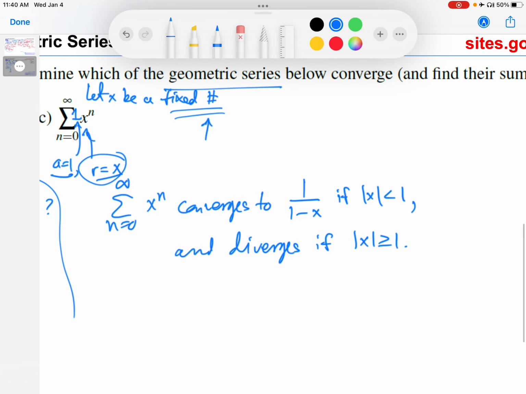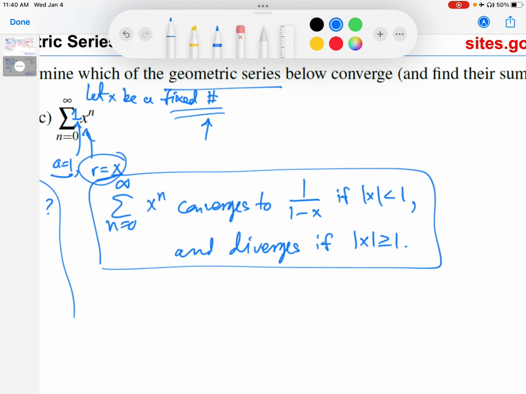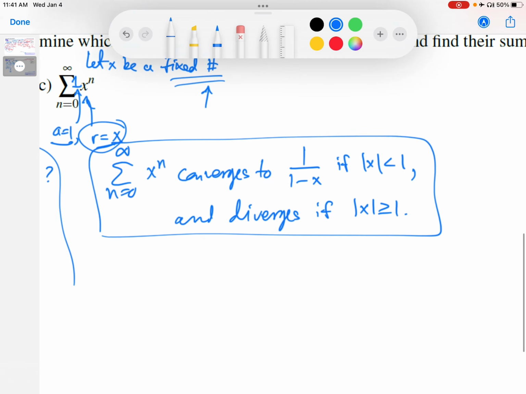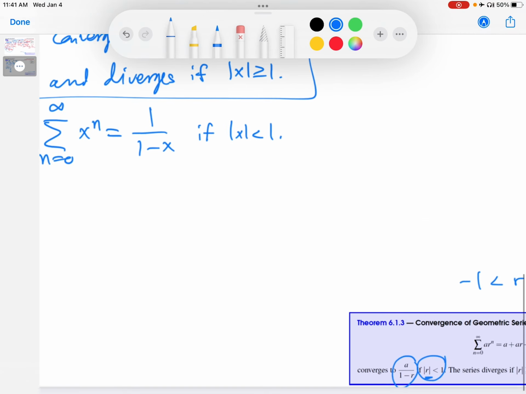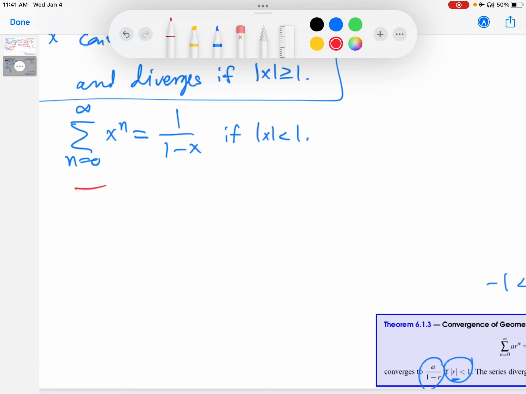Okay, this is literally just the geometric series theorem written out for this particular series, and this is what it turns into. So another way to say this is that the sum from 0 to infinity of x to the n equals 1 over 1 minus x if absolute value of x is less than 1. And now this is where I'm going to do what I said I was going to do earlier. If you look at the geometric series theorem, it's a small infinity sign.